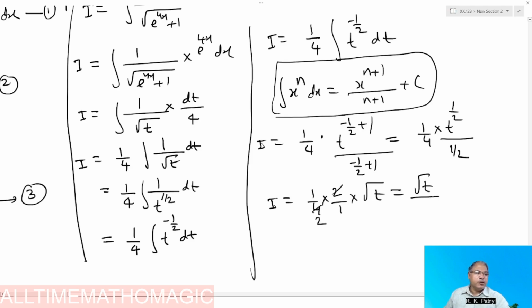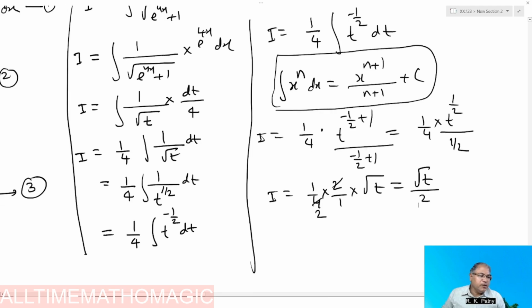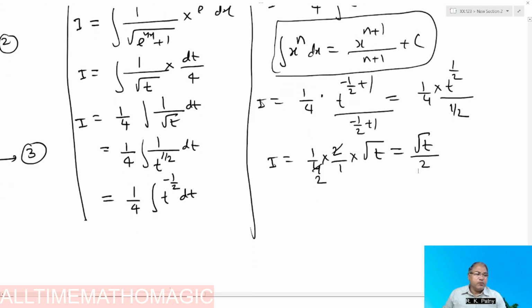Therefore it is root t upon 2. What is t? t is e raised to 4x plus 1. That was the t value. So what is the final answer? Under root of e raised to 4x plus 1 upon 2 plus c. This is the required solution.